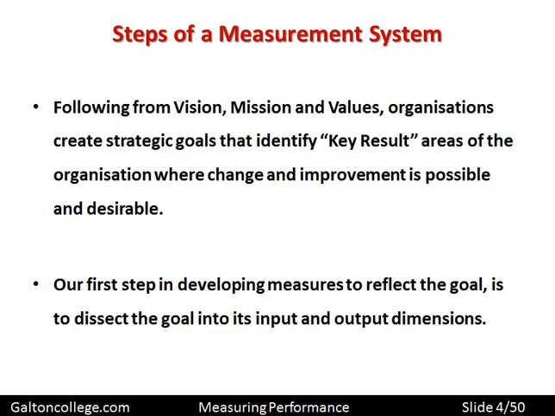This is what the mission statement is telling the world. This is what the company wants to do, and this is how the company wants to be seen. So in a sense, those are the outputs. Those are the goals of the business. That's how it wants to be judged in the future. So we can break down that goal into its input and output dimensions.